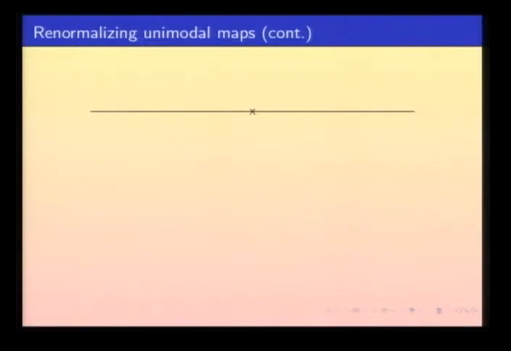So here's a picture. Here's the interval [-1, 1]. And you were supposed to imagine that there's a map from this interval into itself, which is unimodal, which is f. And you see the critical point there in the middle. To say that the map is renormalizable means that there is a symmetric interval containing this critical point and a bunch of other intervals, which are pairwise disjoint, with the property that f maps, first, this red interval into the rightmost interval, which is the one containing the critical value, folding it.